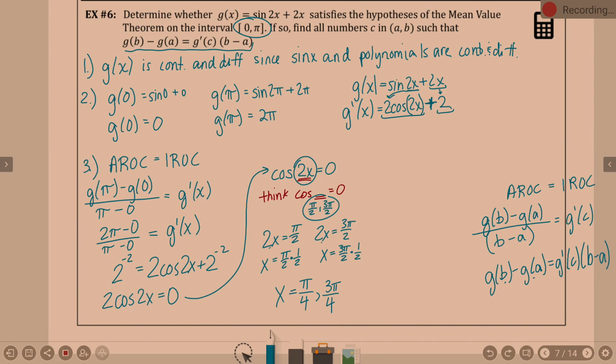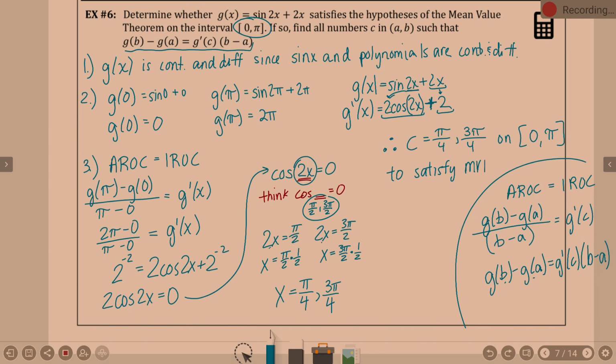Okay, so therefore C equals pi over 4 and 3 pi over 4 on the interval 0 to pi to satisfy MVT. Okay, I used to graph on that one.